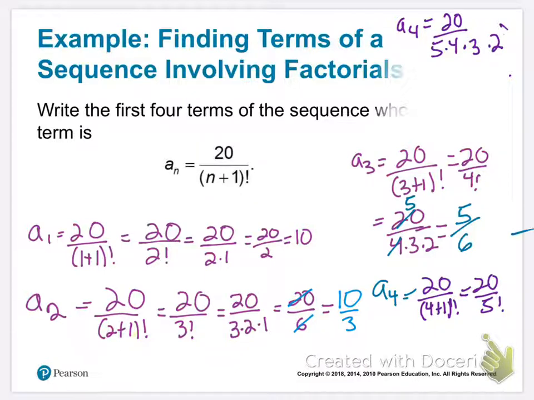And here you know that 5 times 4 is 20. So these go into this equivalent to 1 time. So you end up with 1 over 6. So our first 4 terms are going to be 10, 10 over 3, 5 over 6, and 1/6.